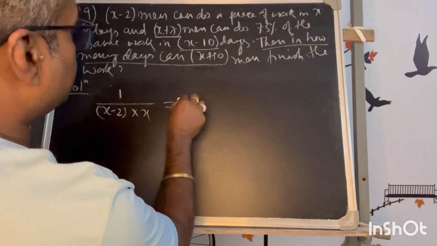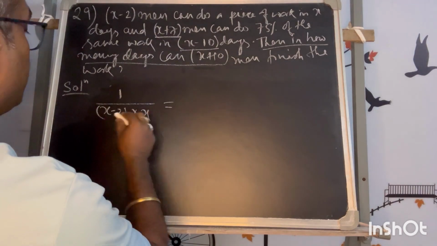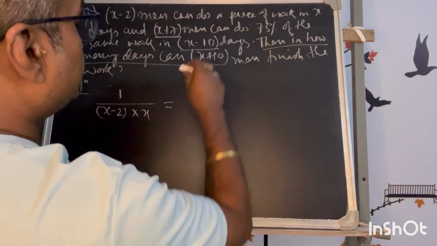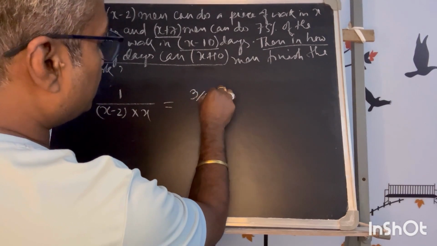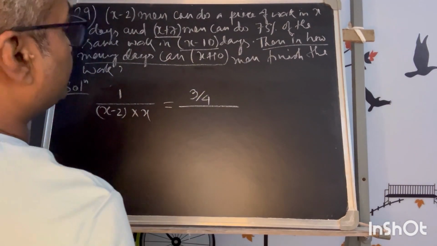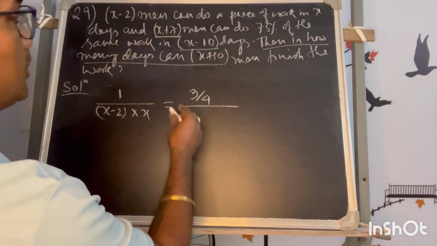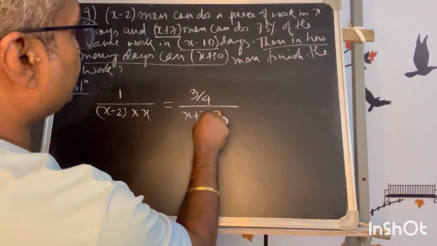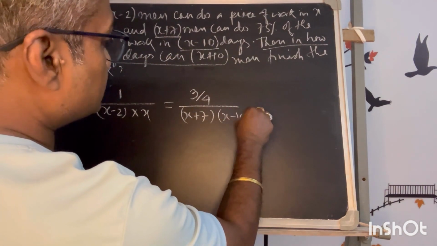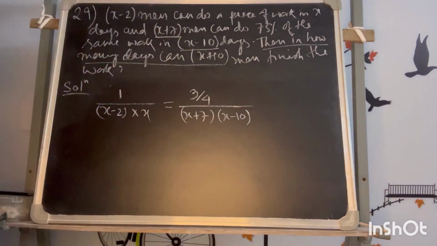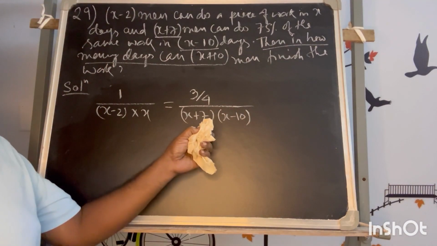And if I assume this is the rate of work for the first case, what is the rate of work for the second case? They are doing 75%, meaning 3/4 of the work. So 3/4 divided by the men, x plus 7 men, and how many days? X minus 10 days. So this will be the rate of work for the second case.